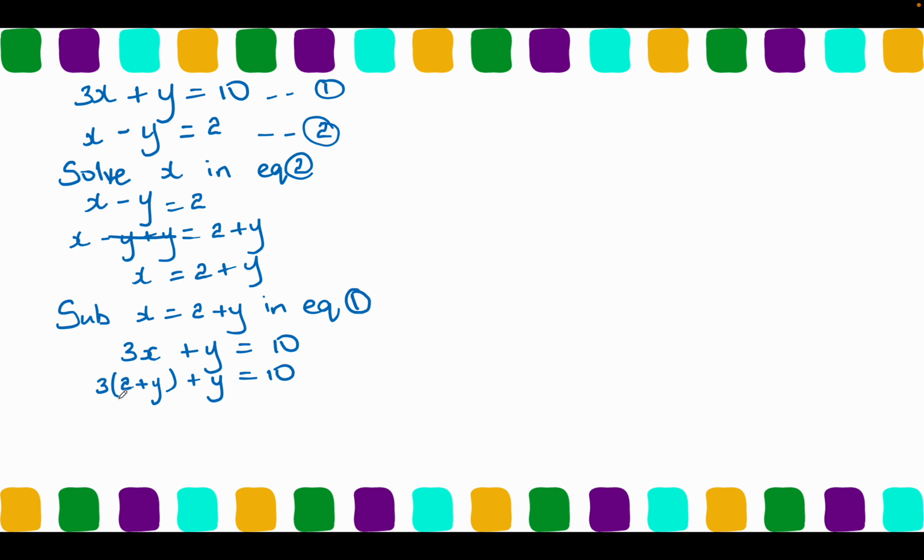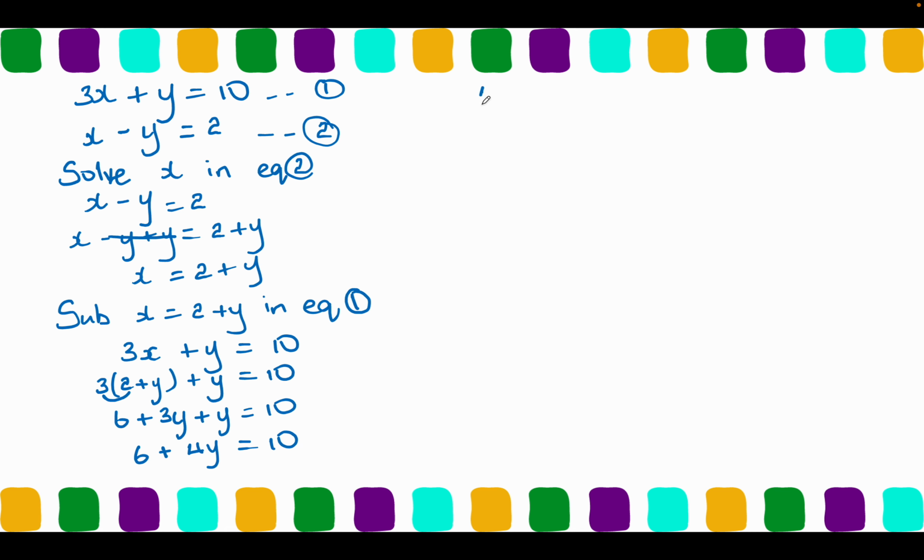Now by distributive law, I'm going to have 3 times 2, that's 6, and then 3 times y would be 3y plus y is equal to 10. Now I have some like terms here, so I can add the 3y and the y. It will give me 4y is equal to 10.